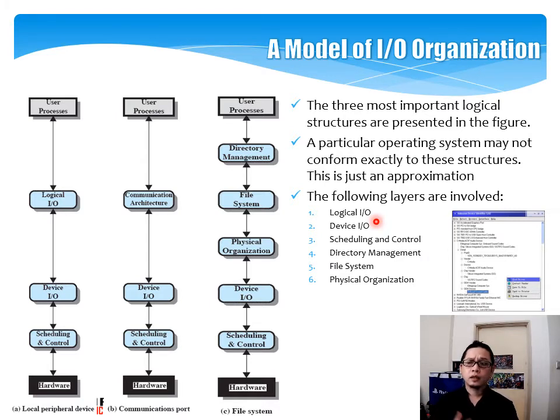If, let's say, you want to add a new device and you need a new driver for it, the OS will always help us update or find the suitable driver for those I/O devices. Secondly is the device I/O.